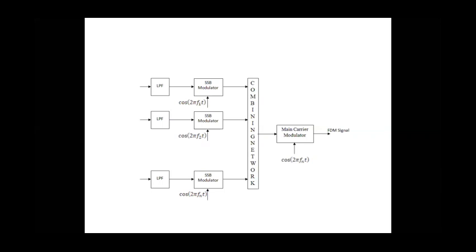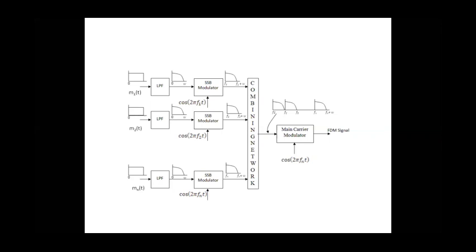Let me show that. You see, all these message signals are applied simultaneously to the low pass filters, and then simultaneously they are band limited and frequency translated to their respective subcarrier or subband frequencies, and after that they're added.